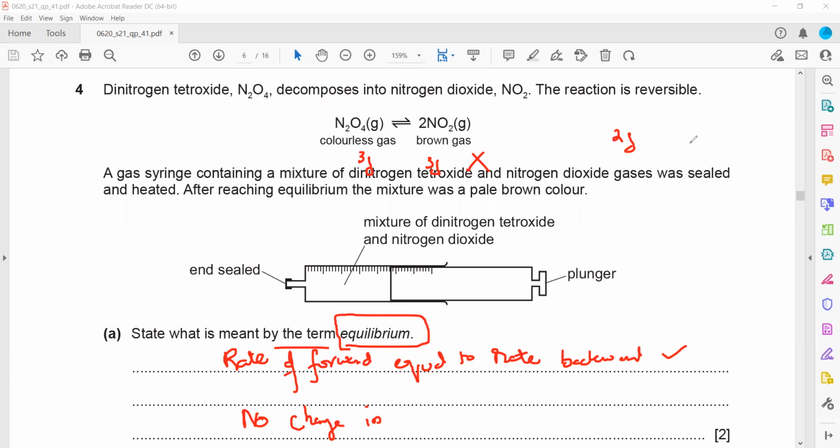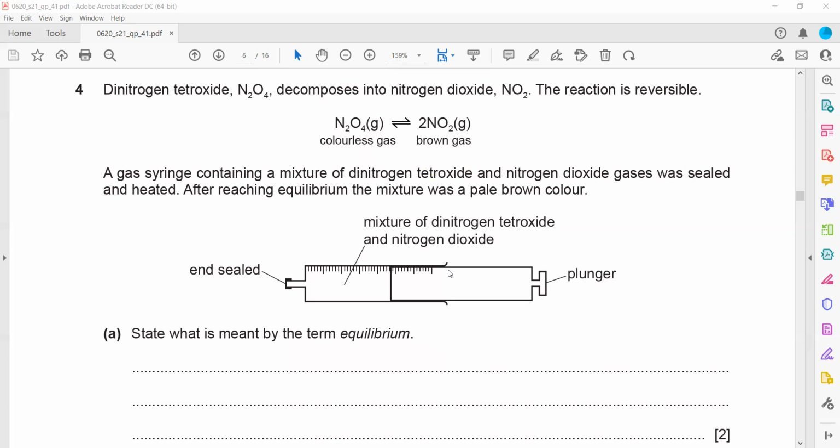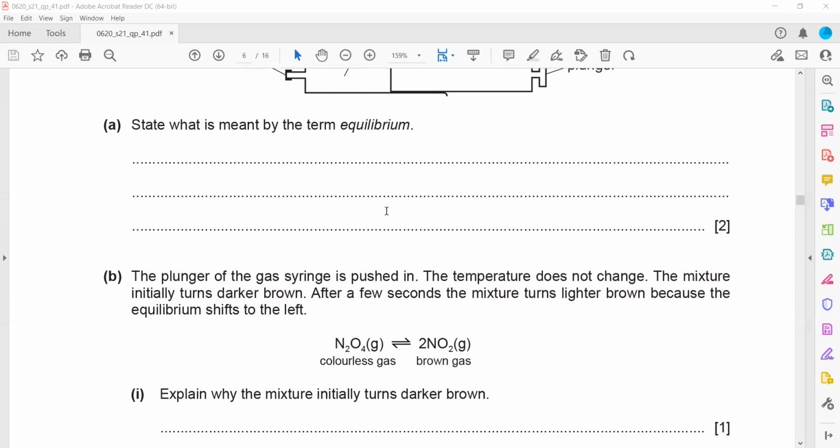Equilibrium means their amounts might be different, but the speed at which the forward reaction occurs will be the same as the speed at which the backward reaction occurs. So the forward reaction equals the backward reaction, and there is no change in the concentration of reactant or product.